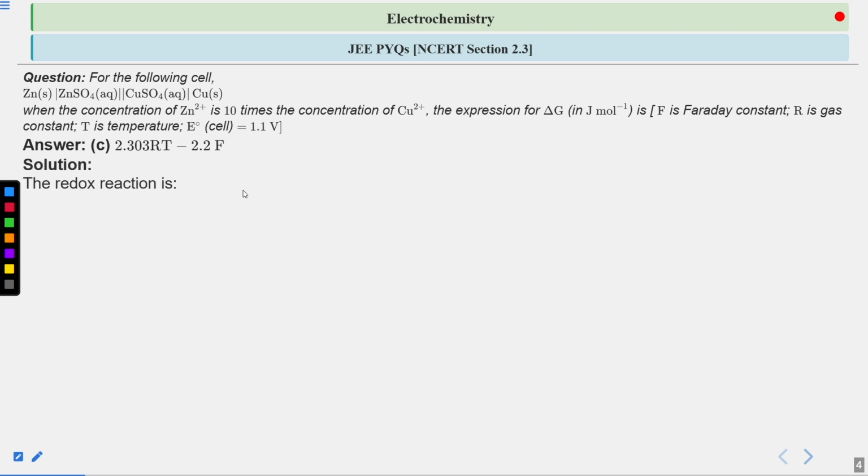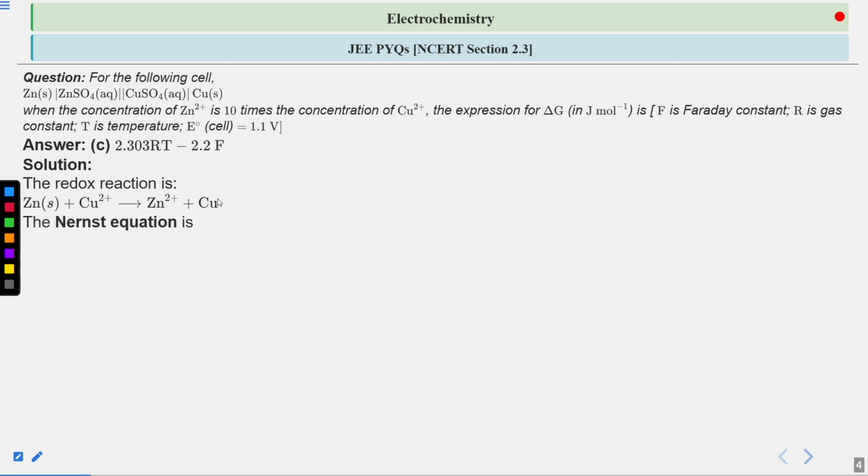The redox reaction for this question is zinc plus copper 2 positive, giving us zinc 2 positive plus copper. So zinc, when reacting with the copper 2 positive ions, is converting to zinc 2 positive ions and the copper copper. That means zinc is undergoing the oxidation process and copper is undergoing the reduction process.